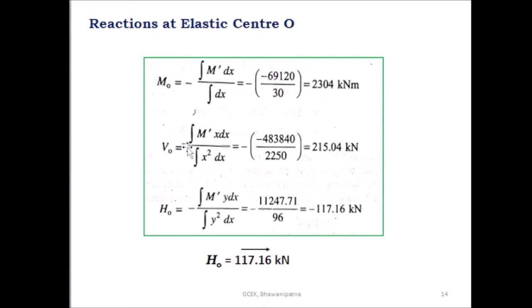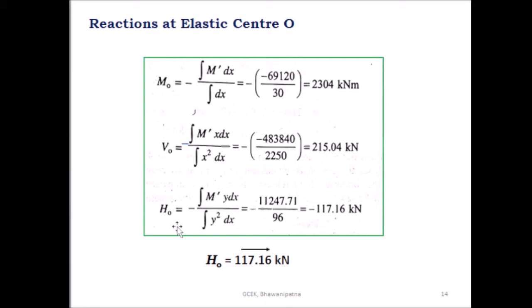Then find out the vertical force or vertical reaction at the elastic center O. VO is equal to minus integration m dash x dx by integration x square dx. After putting in the values and simplifying, the vertical reaction at the elastic center O is equal to 215.04 kilonewton.